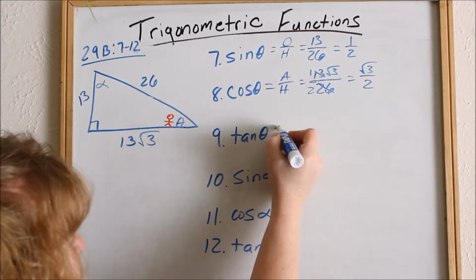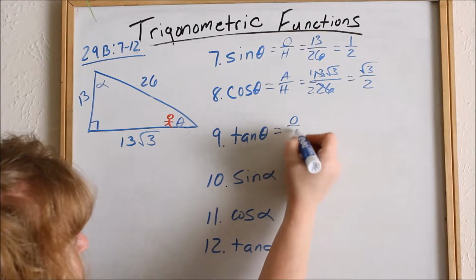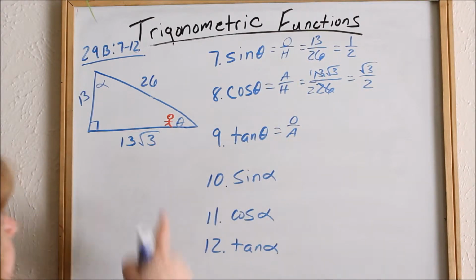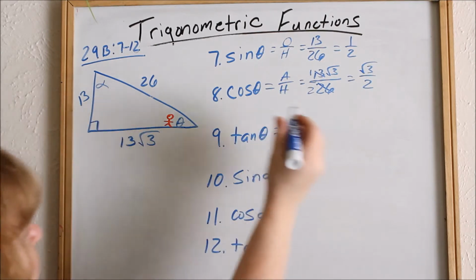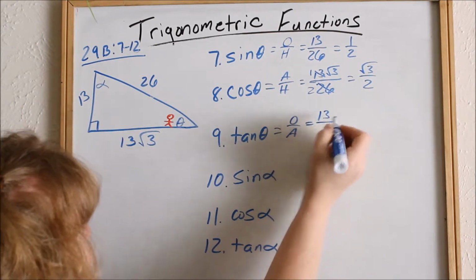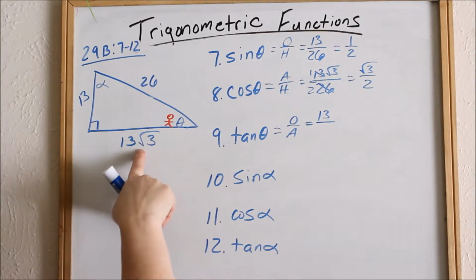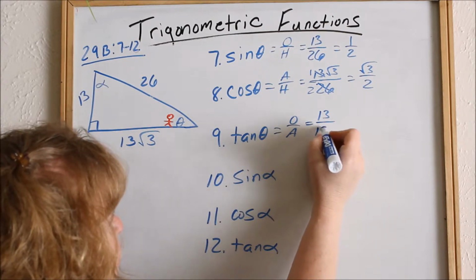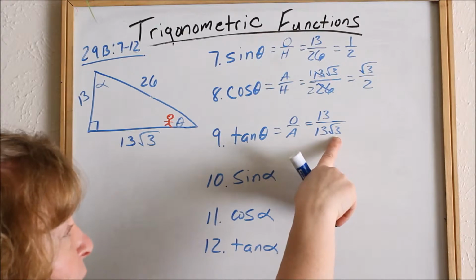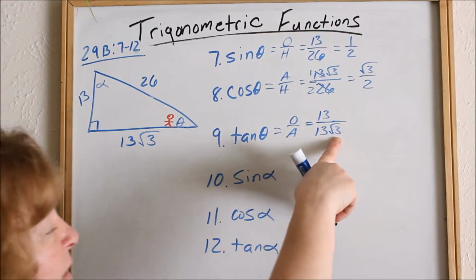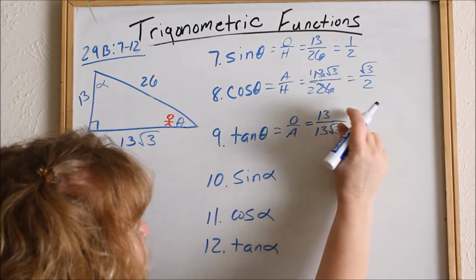Tangent of theta. Tangent is opposite over adjacent. If I'm standing at theta, the side opposite of me is 13. And the side that is adjacent to me or next to me is 13 square root of 3. Remember, you cannot leave radicals in the denominator. That is a no-no, so you have to get rid of the radical in the denominator.